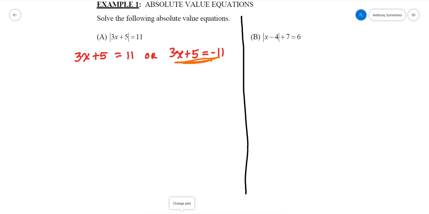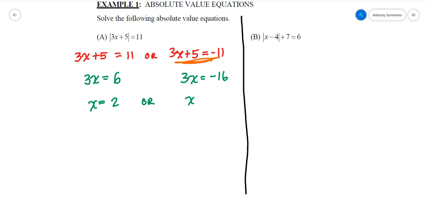So at this point, all I'm going to do is solve the two equations. I'm going to subtract 5 from both sides on both equations. Subtracting 5 on both sides of the left-hand equation, I get a 6. Subtracting 5 from both sides of the right equation, I get a negative 16. I then divide both sides by 3 on both equations. Doing that on the left equation gives me a 2.